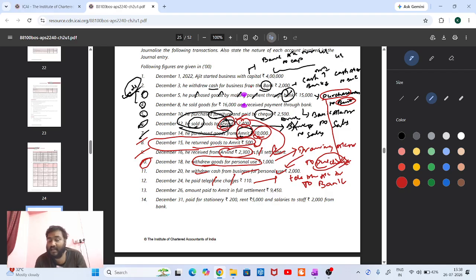So, bank is an asset to us. Bank balance is a debit balance because every asset is a debit balance. In order to reduce bank balance, we are crediting it. It is a debit balance. In order to reduce, we are crediting it, and the expenses we are debiting.